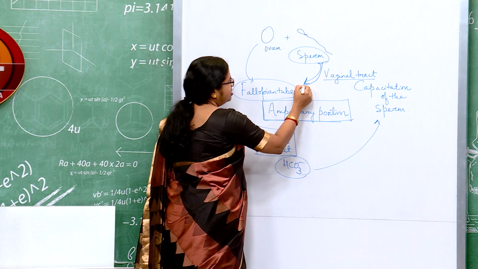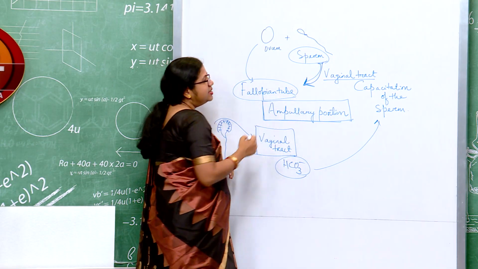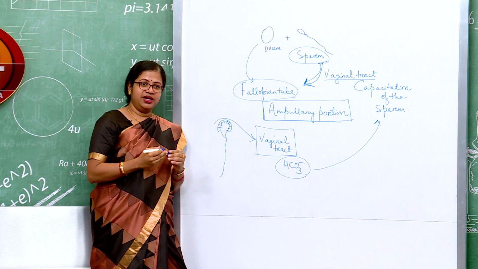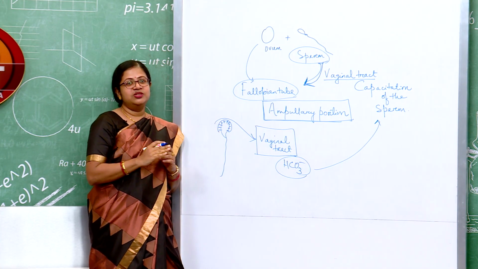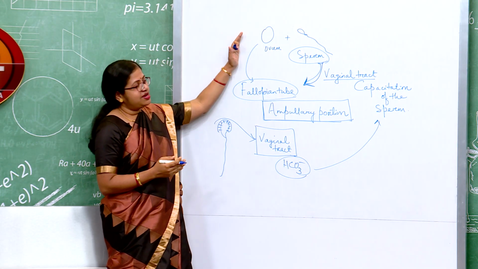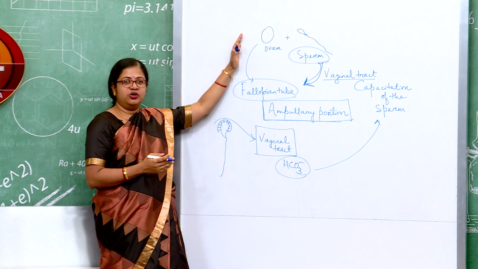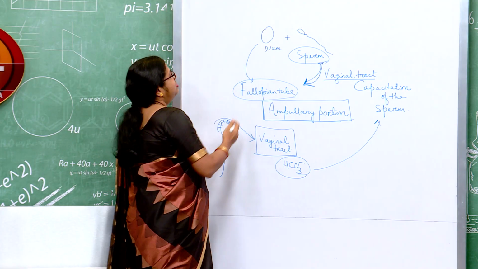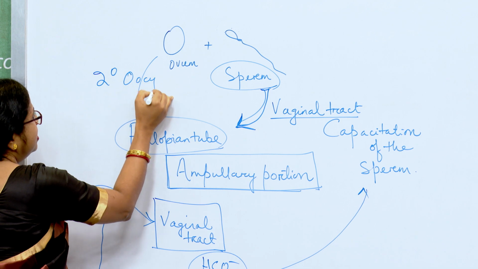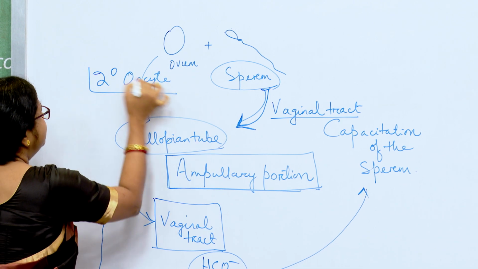Keep one thing in mind, it is important over here. Any time the sperm will travel through the vaginal tract, it will be decapacitated, but there is no guarantee of fertilization, because there should be a secondary oocyte available also. Without the proper availability of a secondary oocyte, there will be no fertilization.